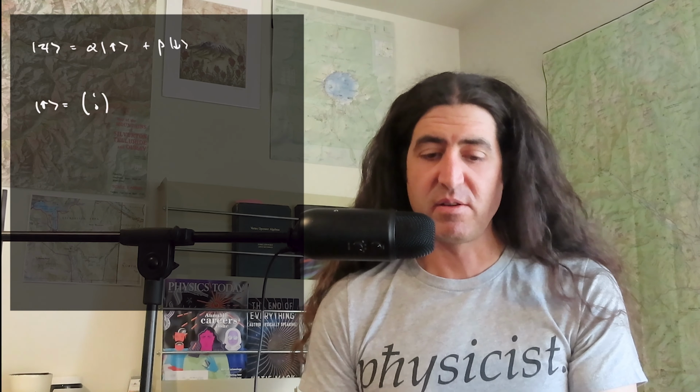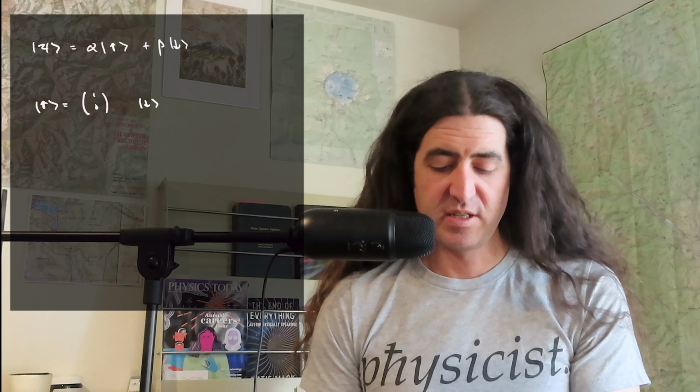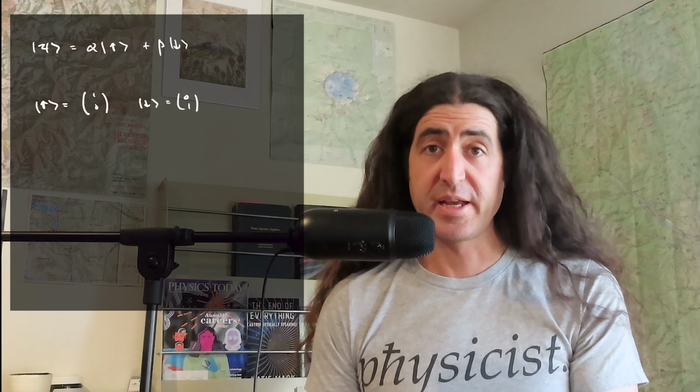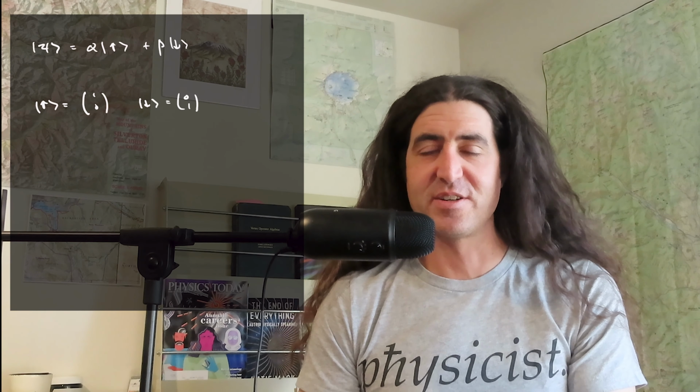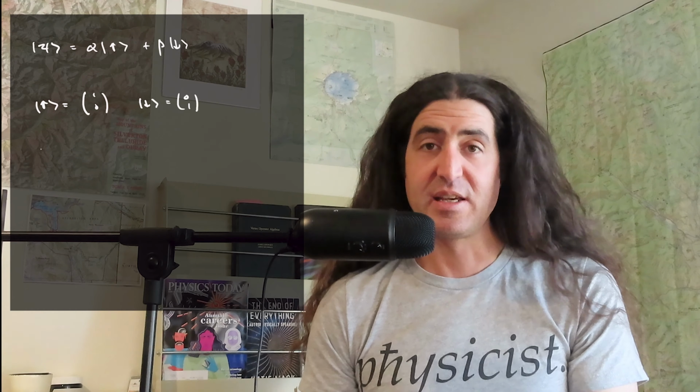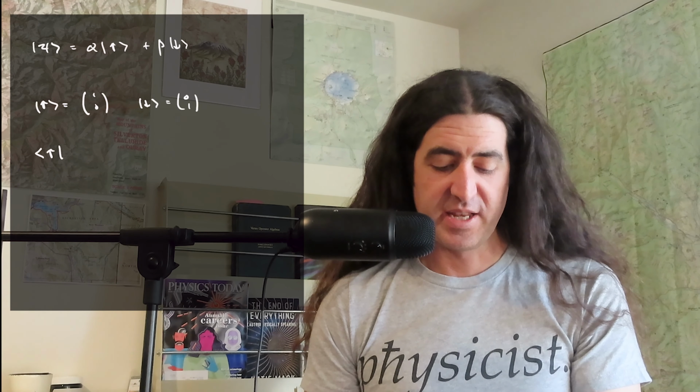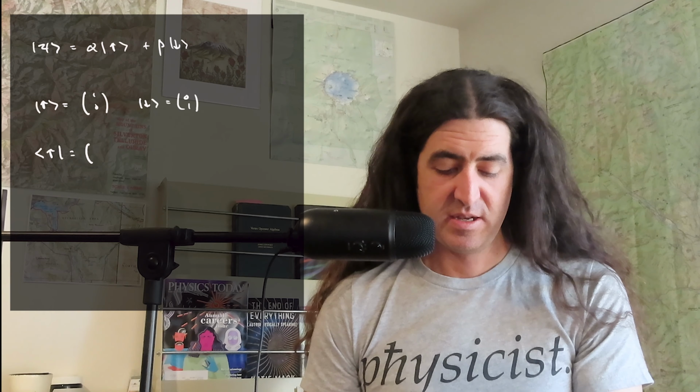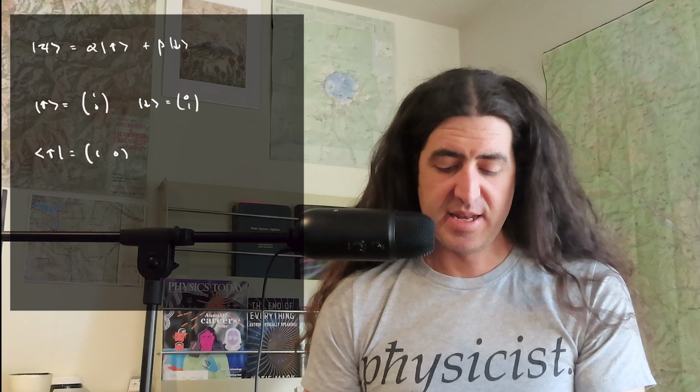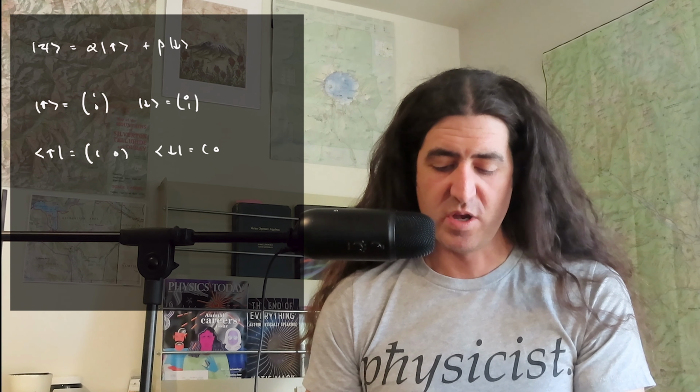We have represented for this 2-level system our vectors as column or row vectors as well to make it easier to do computations. So for the case of the up state, we have defined the up ket to be the column vector 1 and 0. Similarly, the down ket is just 0 and 1. Likewise, we have the dual set of vectors, the row vectors, the bra vectors, if you like, where, for example, up was given by 1 and 0, and down is given by, again, 0 and 1.